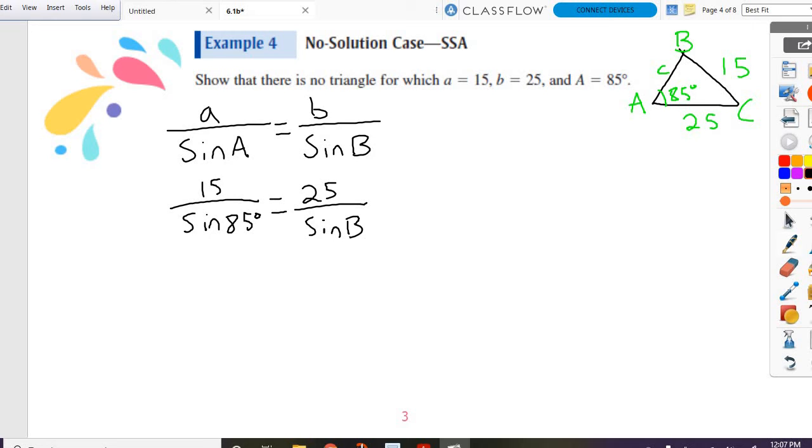So, what do we do? We solve for B. So multiply sine of big B to both sides, and then also multiply by the reciprocal.